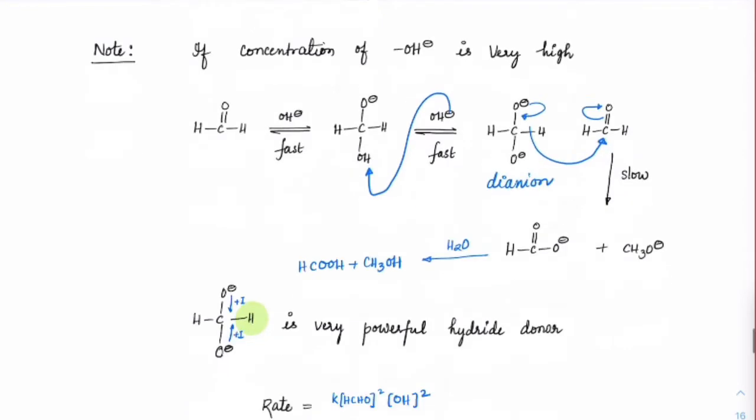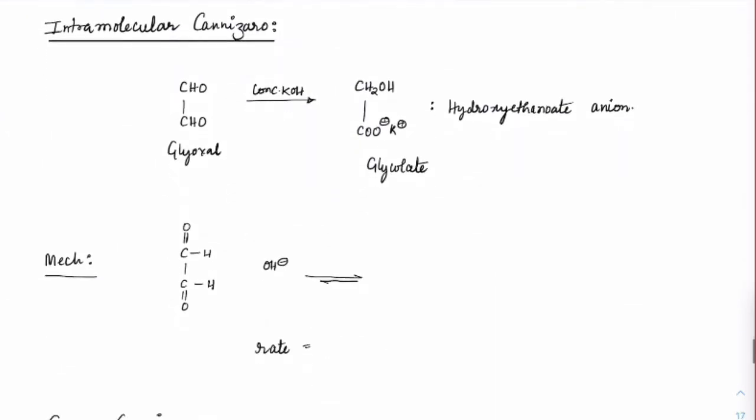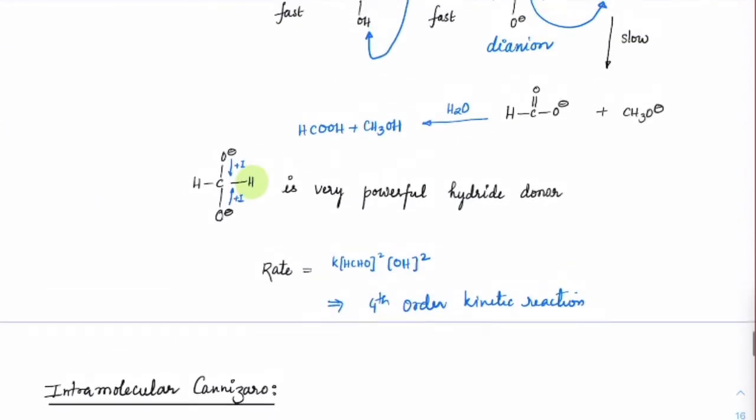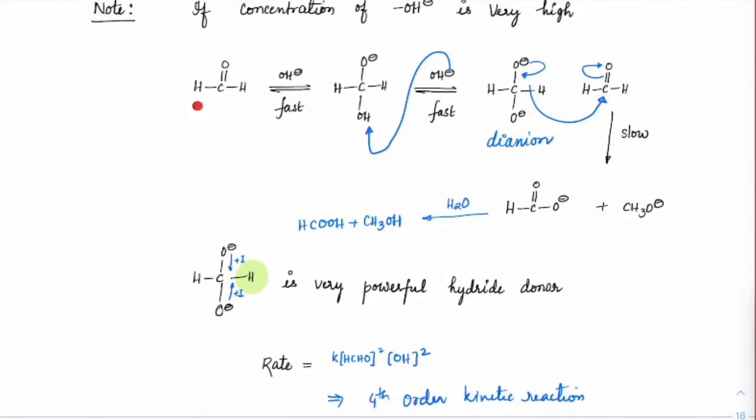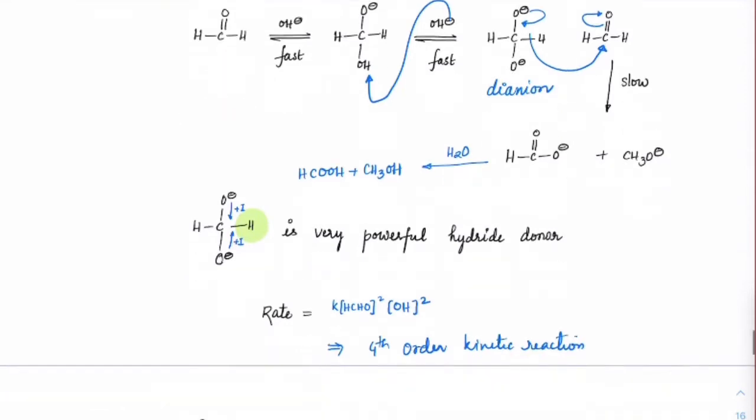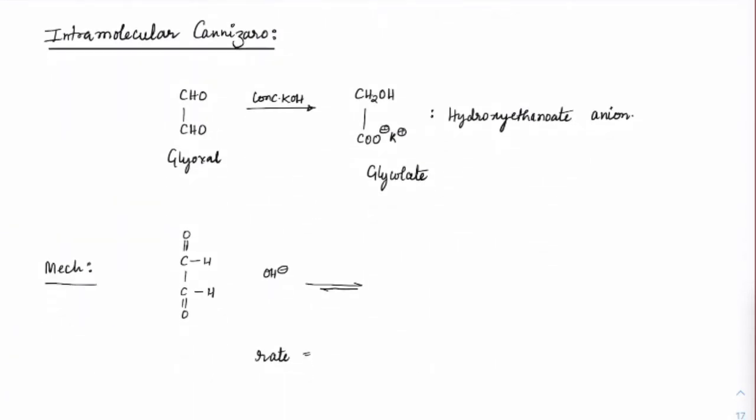Now, this Cannizzaro can be carried out both intramolecularly as well as intermolecularly. Earlier what we have seen is intermolecular. We took two molecules of aldehyde which has no alpha hydrogen. Now if you see intramolecular, here also with respect to this CHO, we don't have any carbon directly connected which has CH3 or some alpha hydrogen connected on it.